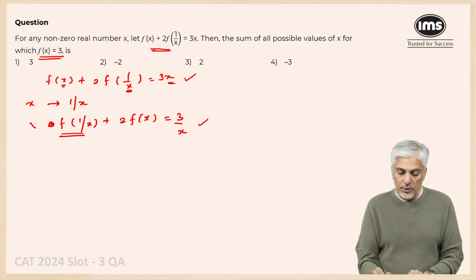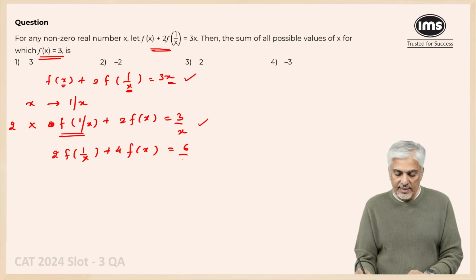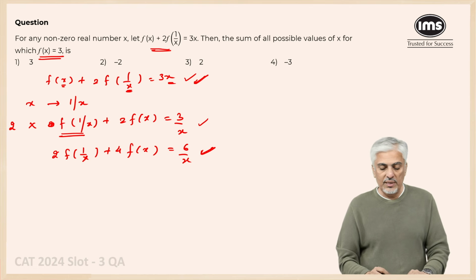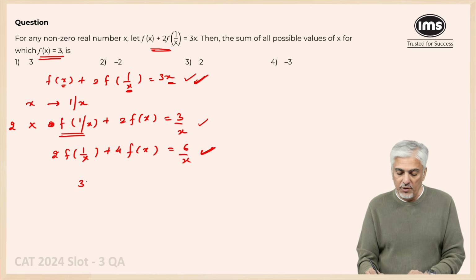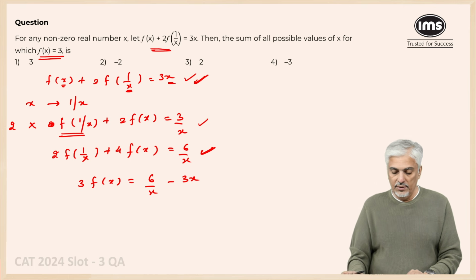So multiply this equation by 2 and then we will subtract them. So we'll get 2 times f of 1 by x plus 4 times f of x is 6 upon x. Let's subtract this equation and this equation. So 2 times f of 1 by x will cut. 4 minus 1, 3 f of x is equal to 6 by x minus 3x, right?